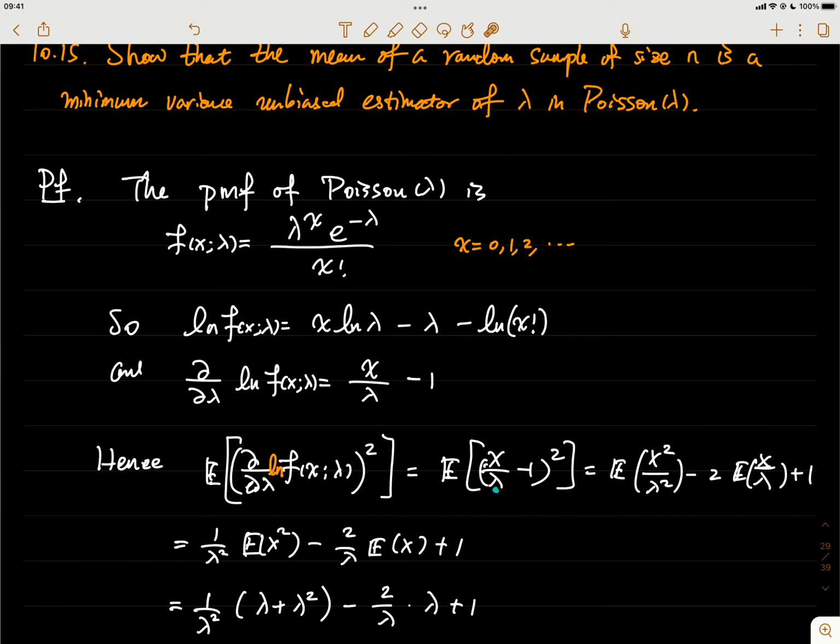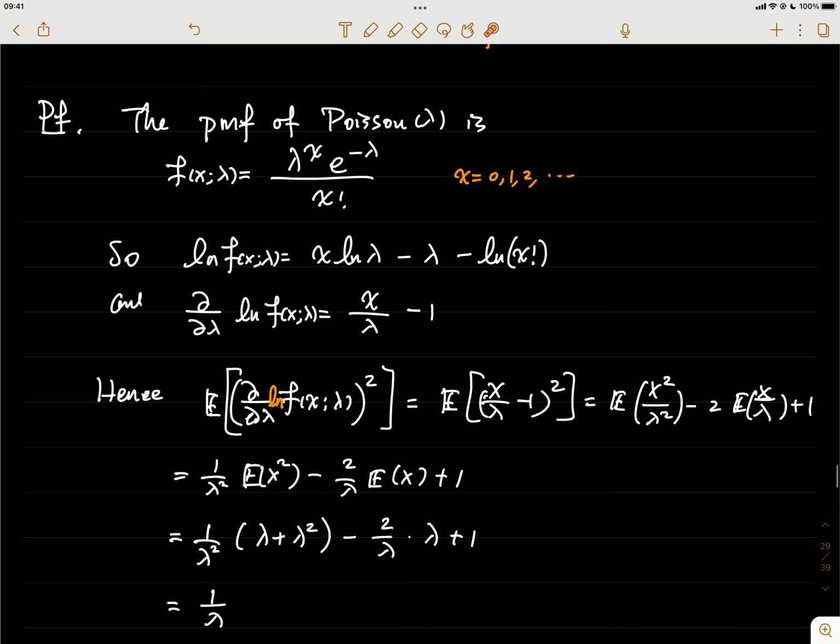So we have x over lambda minus 1, squared. And then to compute the expectation of this, I'll break the square. So I have the first term squared, minus 2 times the cross term, plus 1. I will apply expectation to each one of them because expectation is a linear operation.